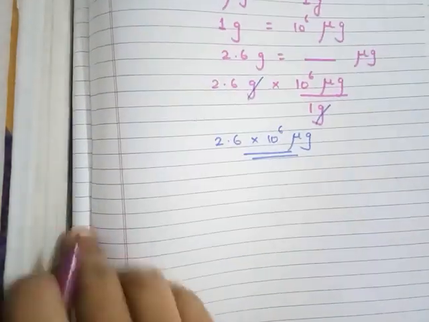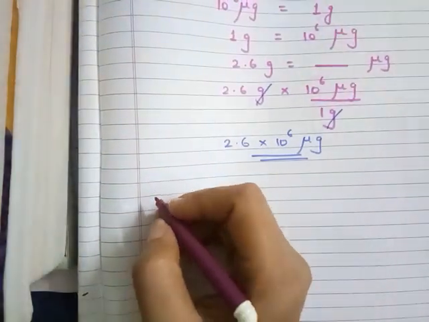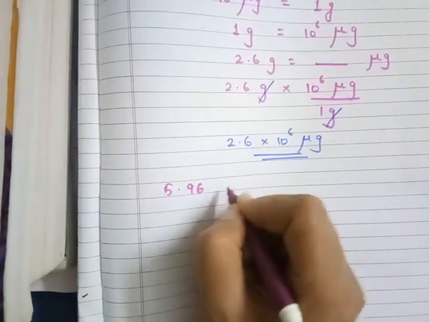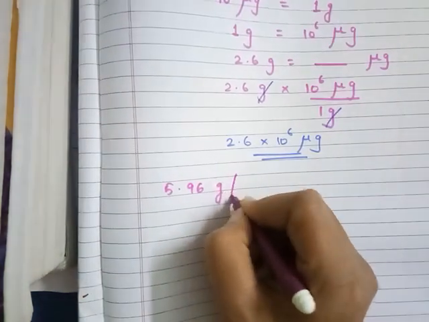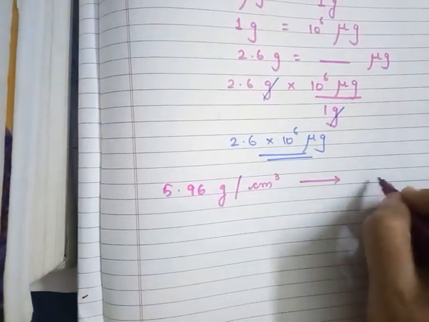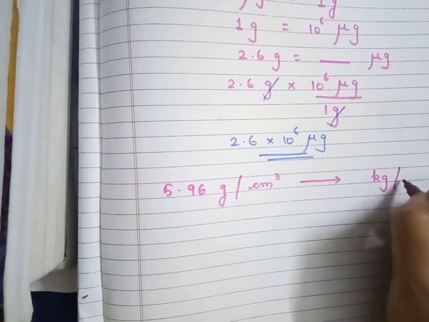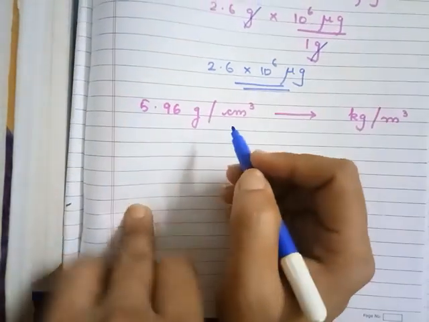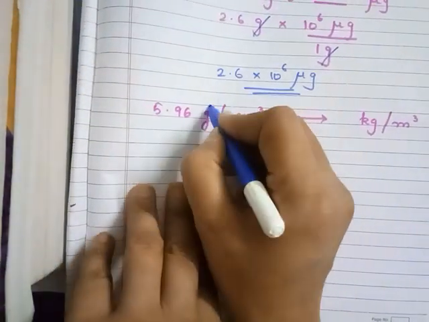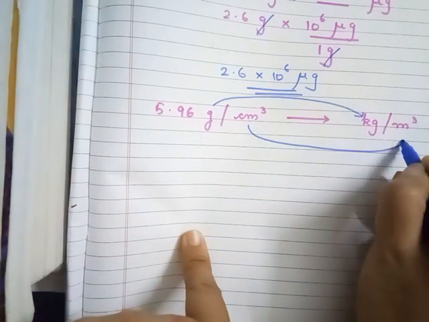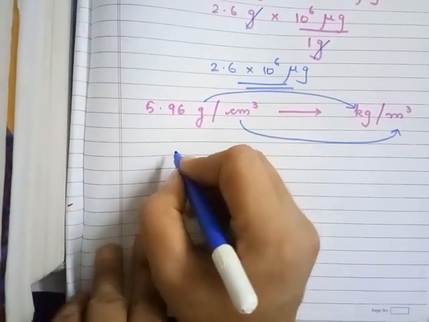Now we shall convert 5.96 gram per centimeter cube to kilogram per meter cube. So you have two conversions to be done. You need to change gram to kilogram and centimeter cube to meter cube.